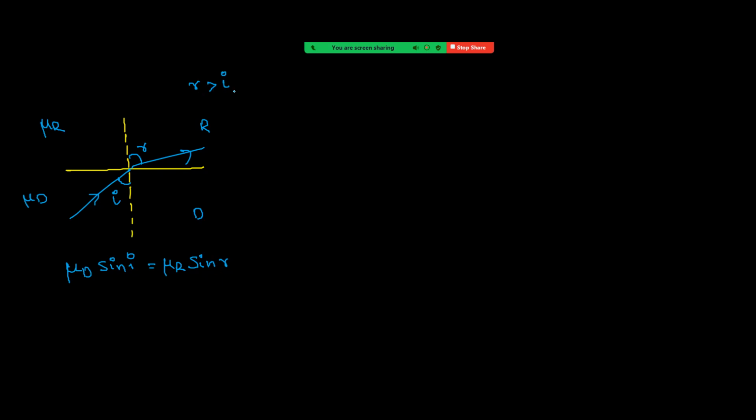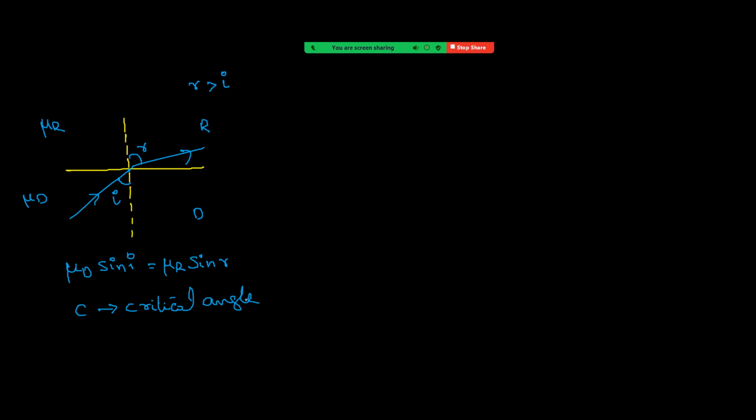Since R is greater than I, first R becomes 90, right? So the angle of incidence for which the angle of refraction is 90 is called the critical angle. We are taking it as C. C stands for critical angle.